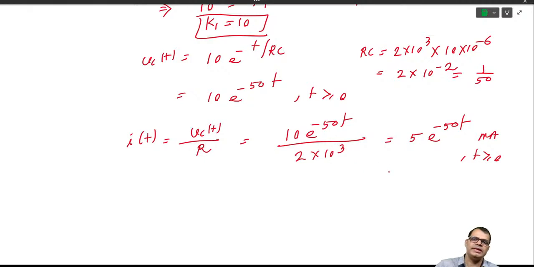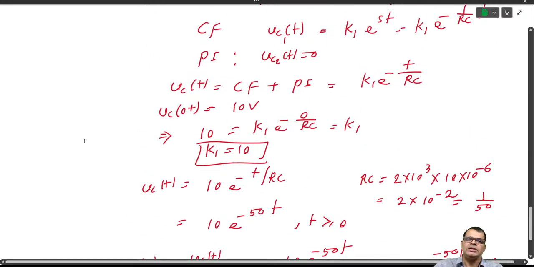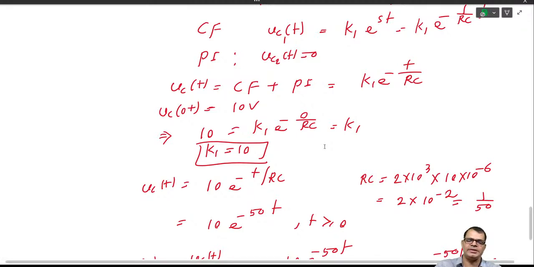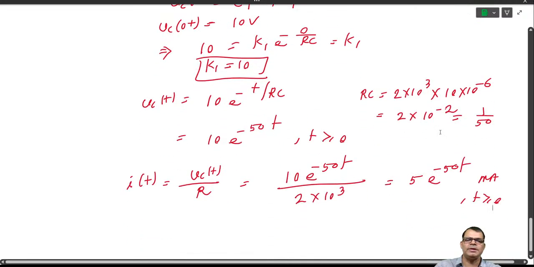Mostly you will get questions that have more than one time constant. For that you need to solve second order differential equations. Instead of dealing with the differential equation, there is another way, the use of Laplace transform in the circuit. That will be covered in the next class.